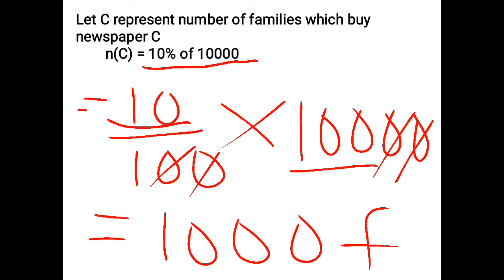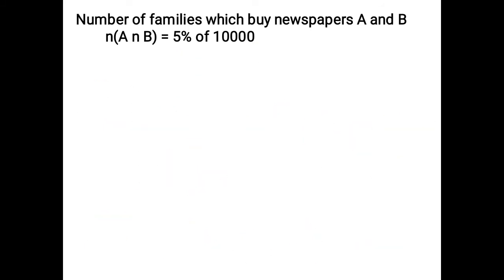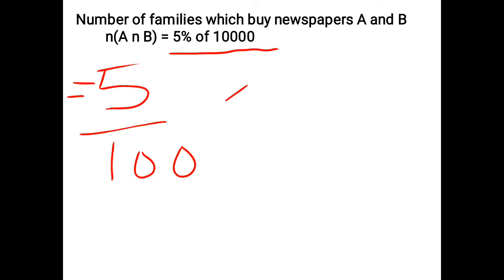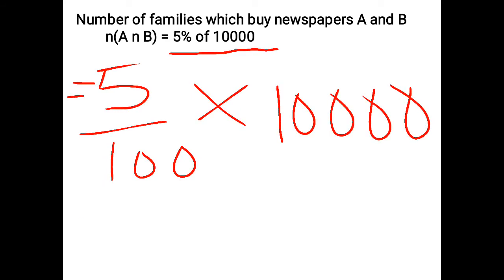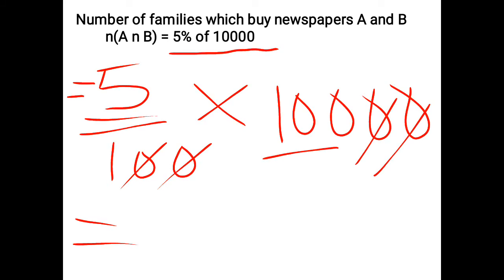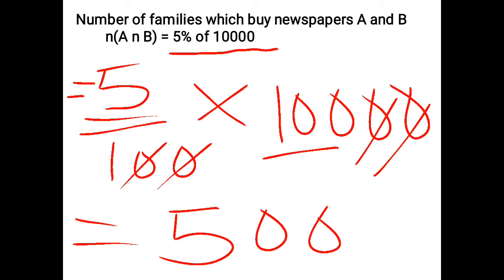All right. Then we go to number of families which buy newspapers A and B. So number of A intersection B, which is 5%. So 5 over 100 times 10,000, and that should give us, after these 2 zeros have cancelled, 5 times 100, which is going to be 500.